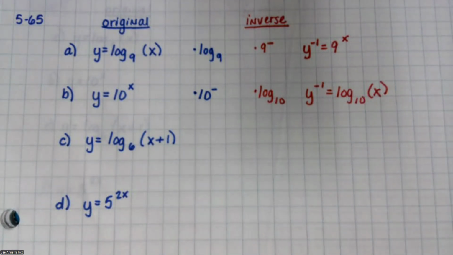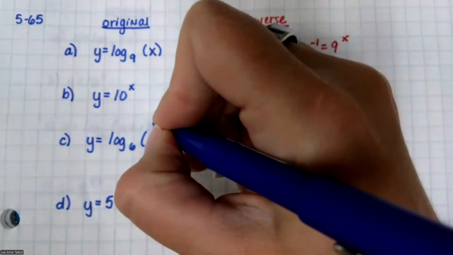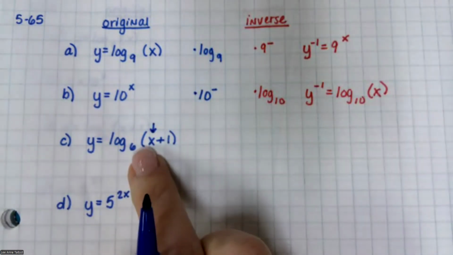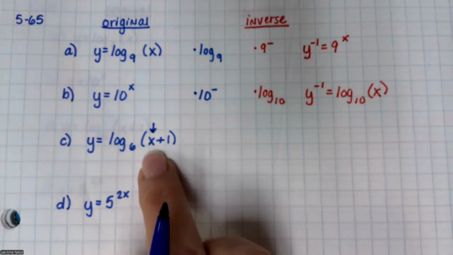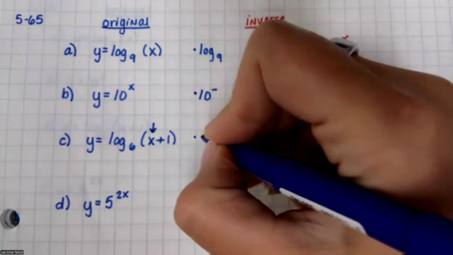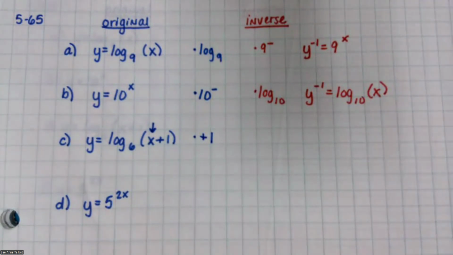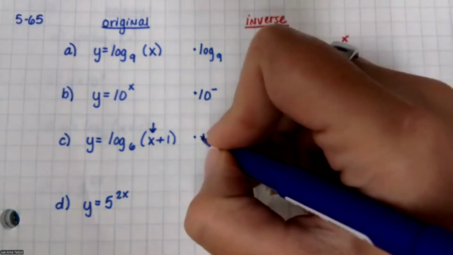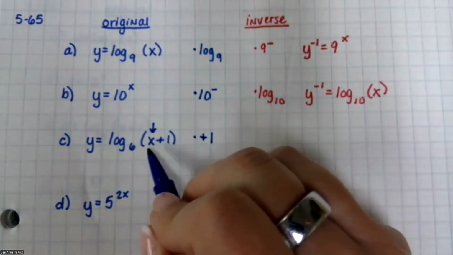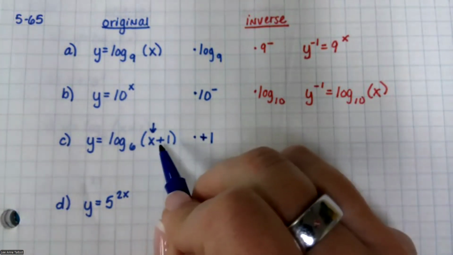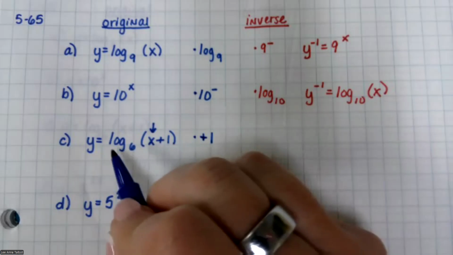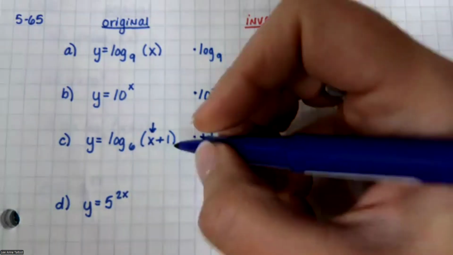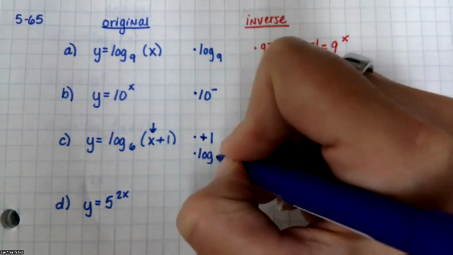Okay, now we're getting spicy. There's two things that happen. Whoo! All right, first, I plug something in for x. Parentheses first. What happens? Plus 1. After I plus 1, what would I do to it? Log base 6.